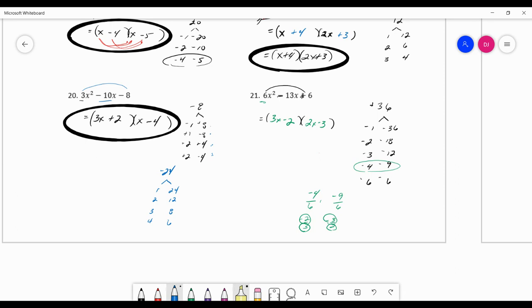Now, since I want my product to be negative, one of these values has to be positive and one of them has to be negative. Since I want a negative 10, I would want the larger number to be negative. And the combination that's going to work here is 2, negative 12. Because 2 times negative 12 is negative 24. 2 plus negative 12 is the negative 10.